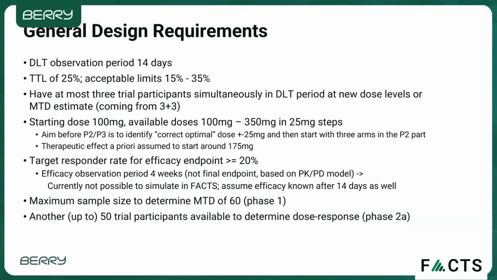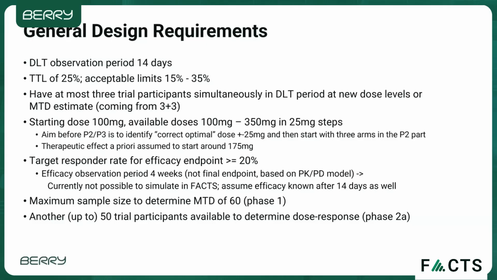So whatever dose we're recommending going out of this trial, they would want it to be the correct optimal dose plus minus 25 milligrams. So that's the precision that they're requiring. And then they would probably take this arm plus 25 milligrams and minus 25 milligrams into the phase 2 part.